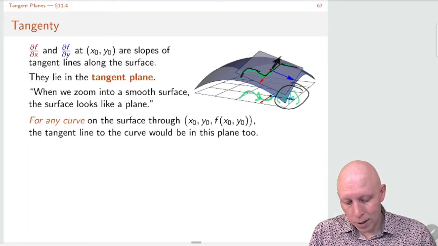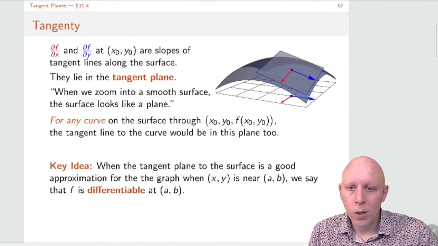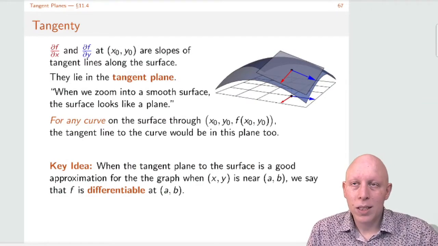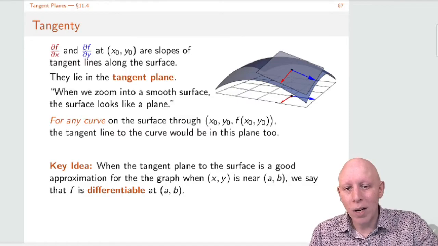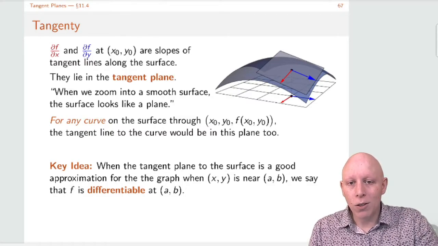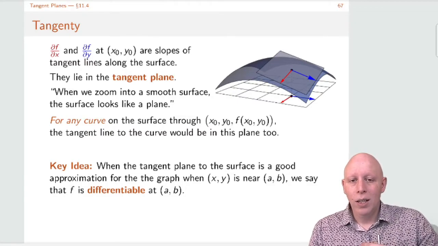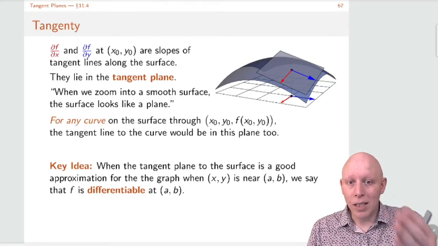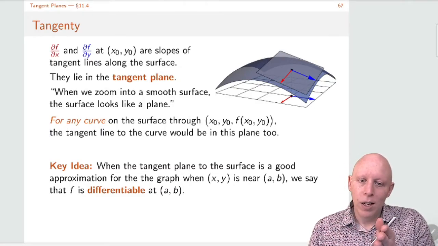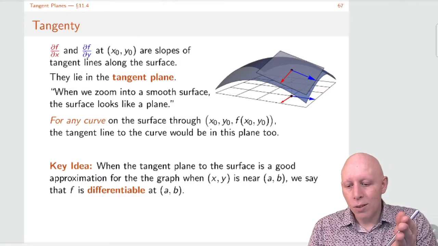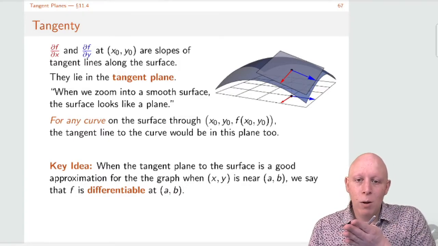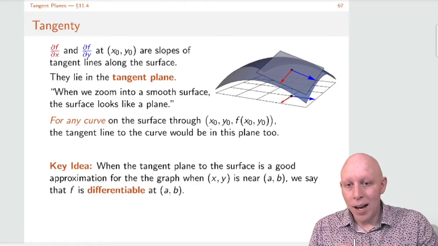All right, and so when we put all that together and talk about our idea about what it is for a function to be differentiable, right? When we're talking about limits of a function of multiple variables, where you need to be able to go along any path.